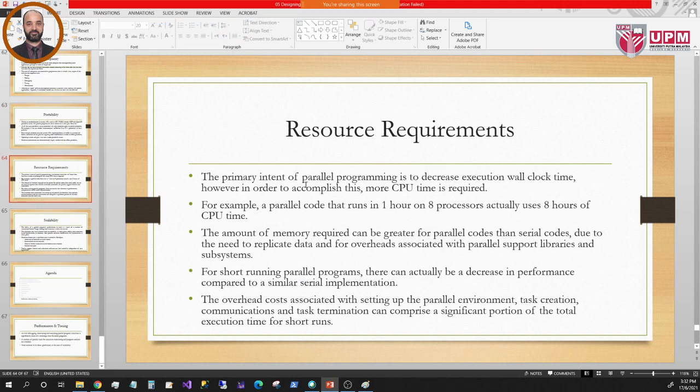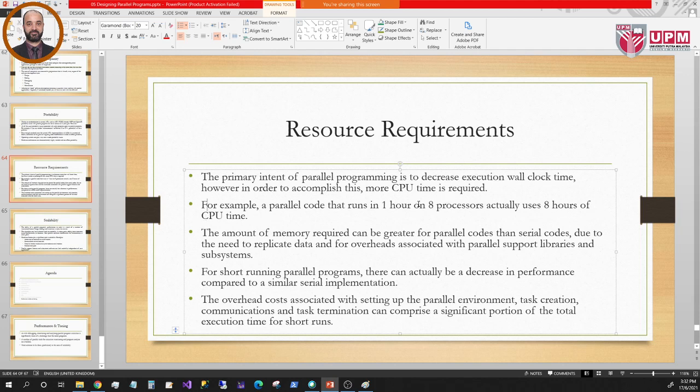Okay, resource requirements. The primary intent of parallel programming is to decrease execution wall clock time. However, in order to accomplish this, more CPU time is required for sure. For example, a parallel code that runs in 1 hour on 8 processors actually uses 8 hours of CPU time.